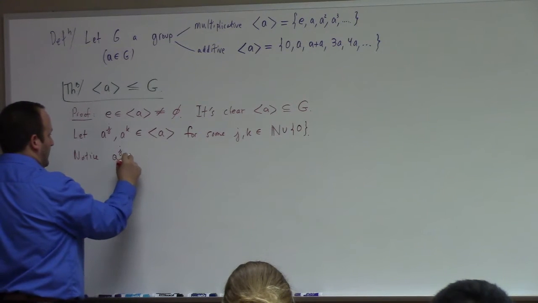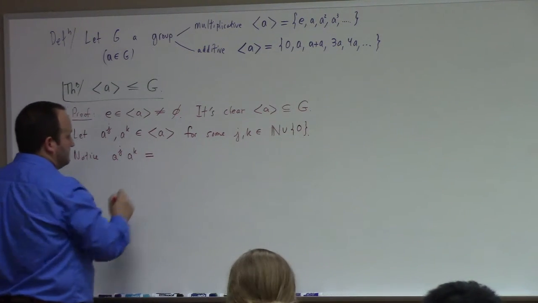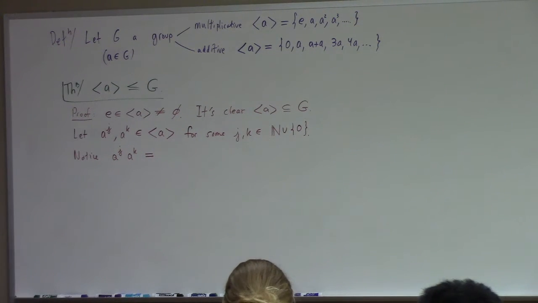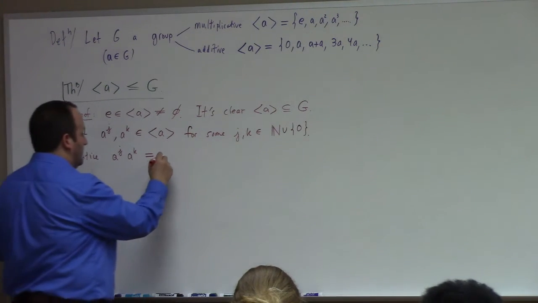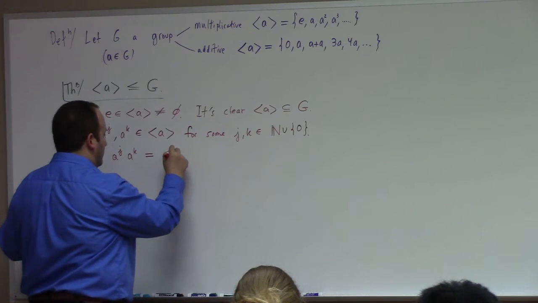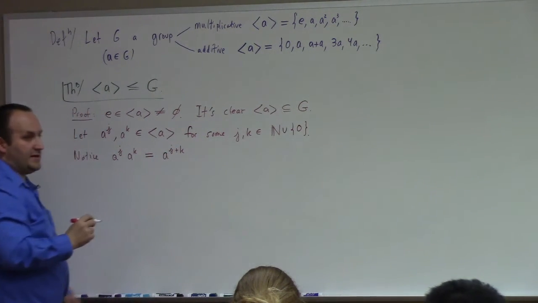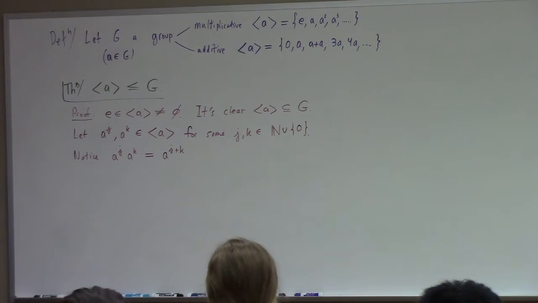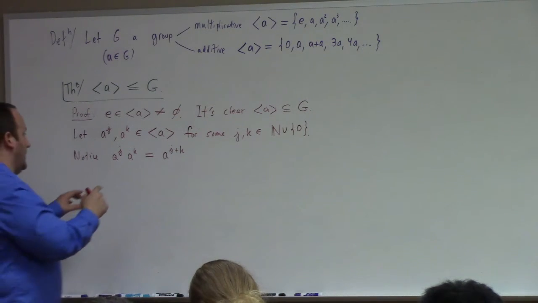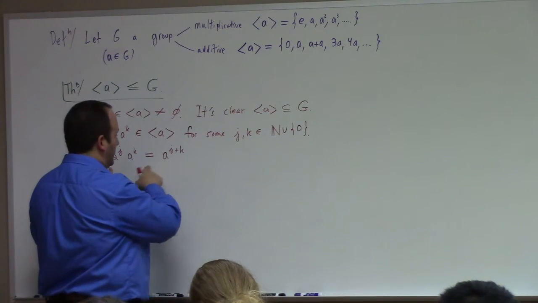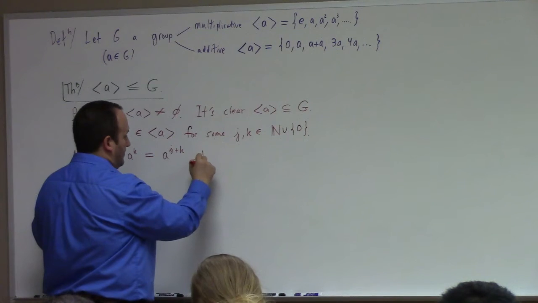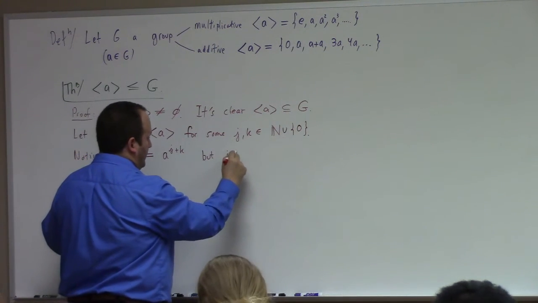A to the J times A to the K is equal to what? A to the J plus K, right? Now I suppose I haven't proved that for you in here, but we could prove that by induction, all right? But the thing is, what does that mean then? J plus K is an integer.